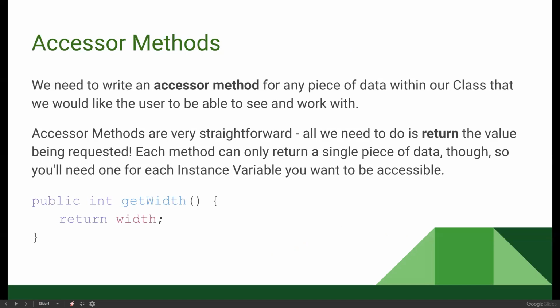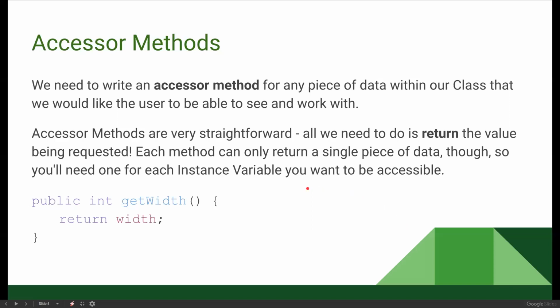These methods are very straightforward. All we need to do is return the value being requested. Because each method can only return a single piece of data, we need a separate accessor for every instance variable we want to make accessible to the user.